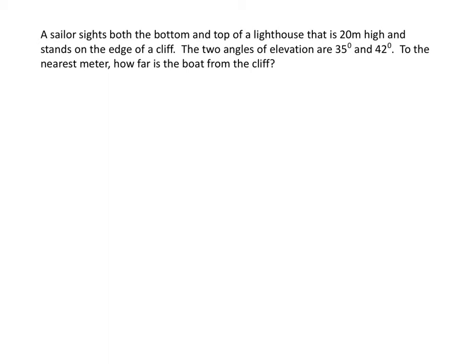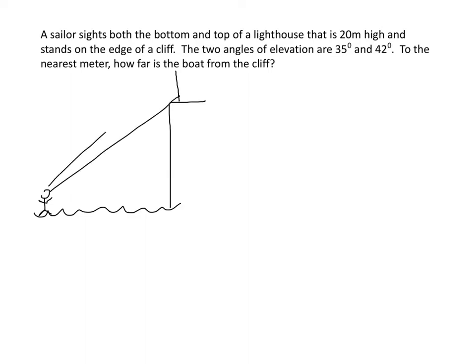So the first thing that I will do is I'll put in my cliff here and my lighthouse. So my boat, there's the water. My boat is here, and the little guy is standing on top of it. And he's got two angles of elevation, one here and one here.